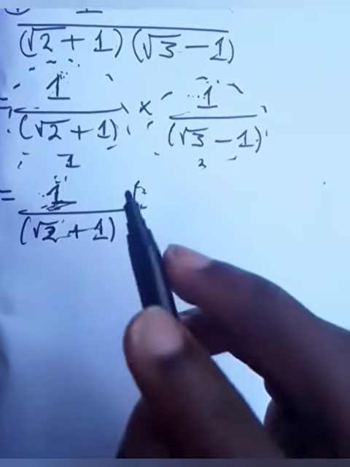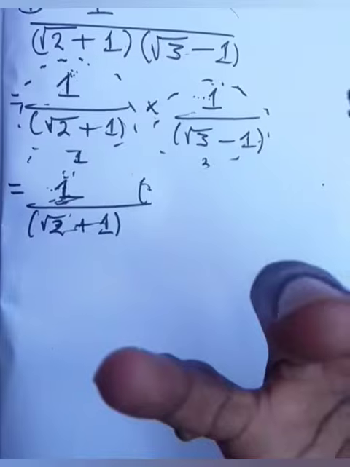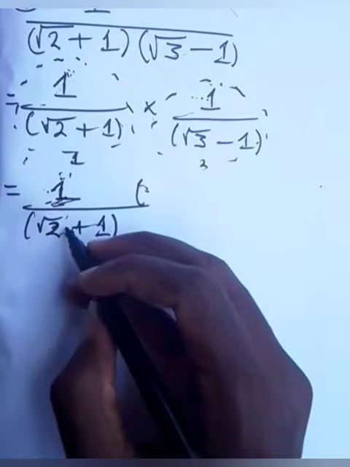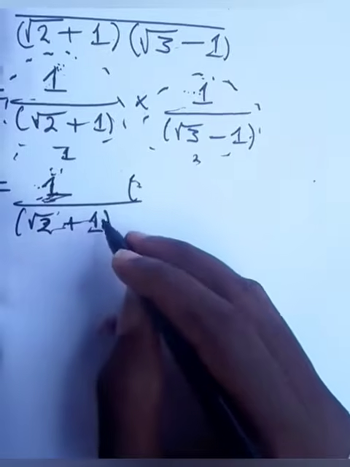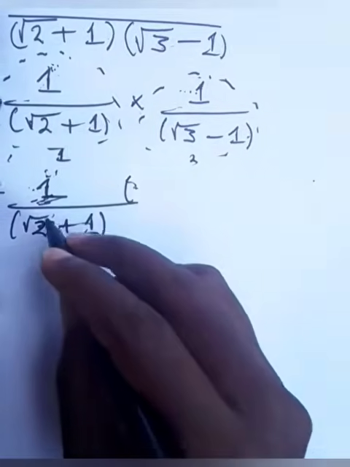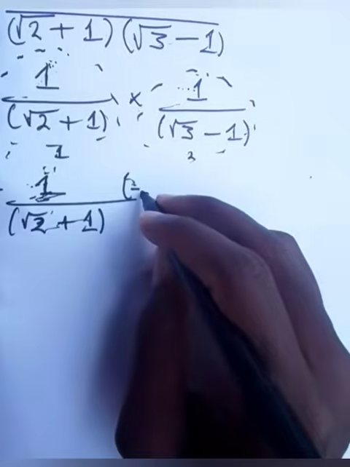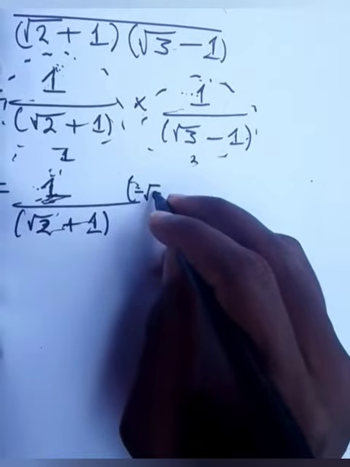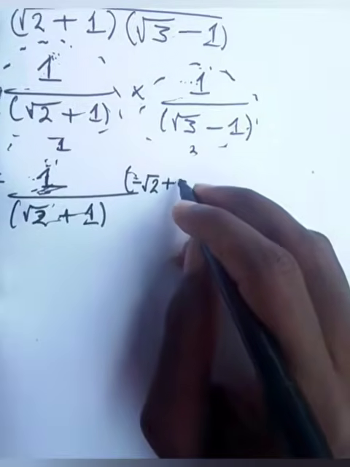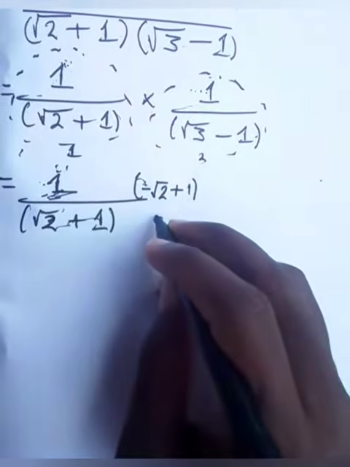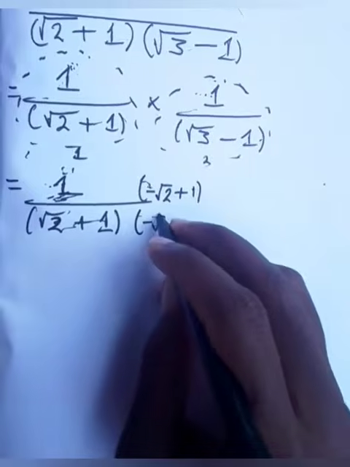Since the majority of you've been taught that you change the sign for the one having the square root, right? In this case. But even if you change the sign for 1, it will still give you the same answer. But for simplicity purposes, I'll just change the sign for square root 2. Because some of you, this is what you've mastered. You've been taught that you change the sign for the one having the square root. But still it works. Okay, so this is our conjugate.